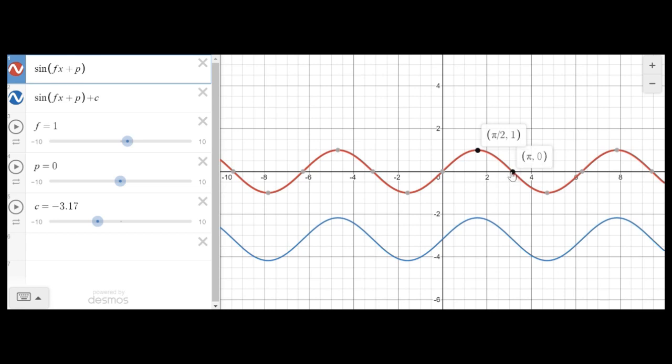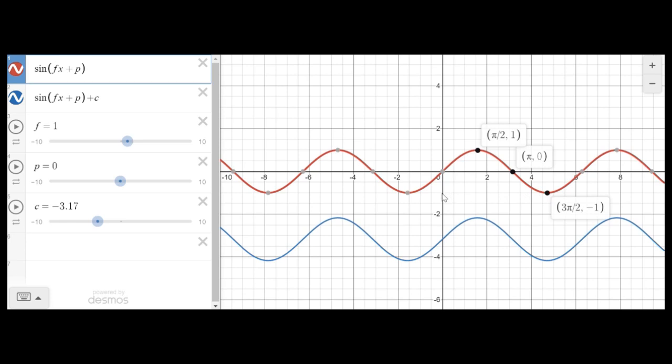When x is pi, that is 3.14, how much value are you getting along the y-axis? 0. So at pi by 2 on the x-axis you get 1 on y, at pi you get 0, and at x equals 3 pi by 2 you get minus 1.